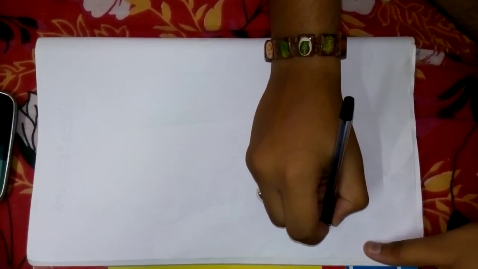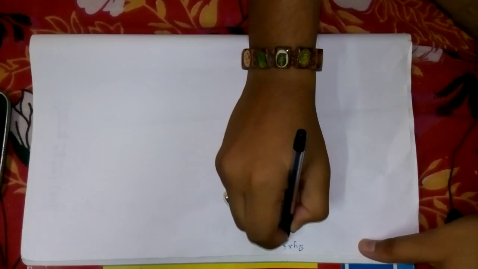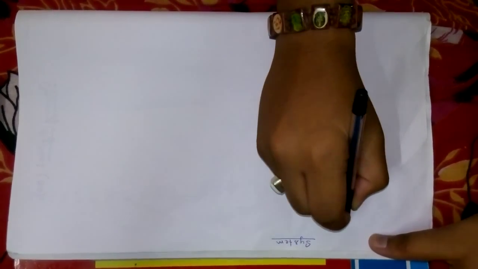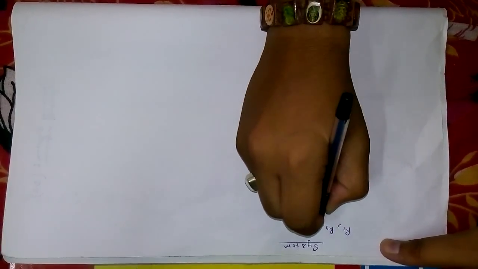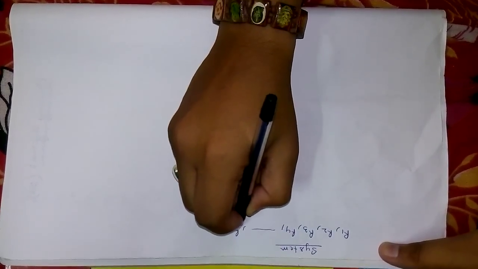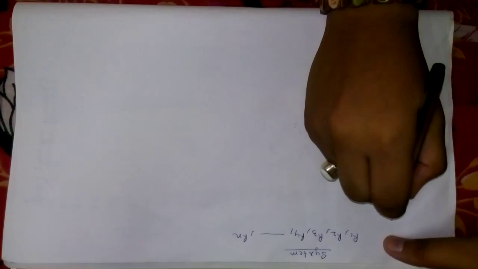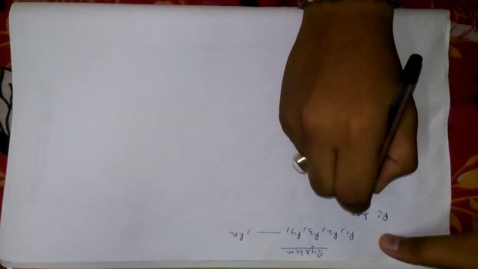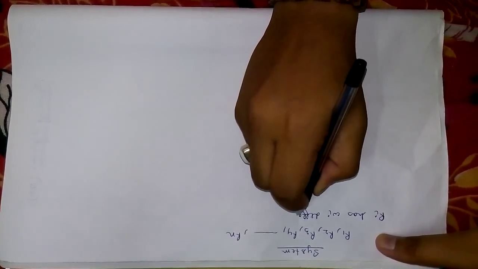Let us consider that our system has n different types of resources, that is R1, R2, R3, R4 up till Rn, and each resource type Ri has Wi different instances.